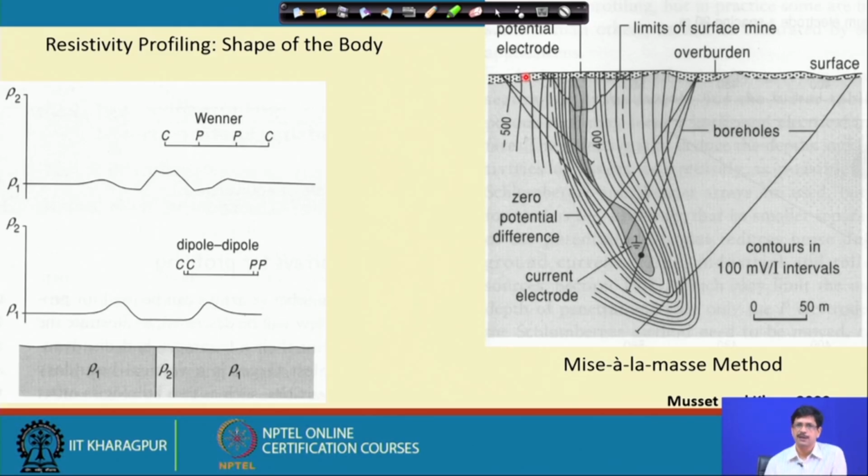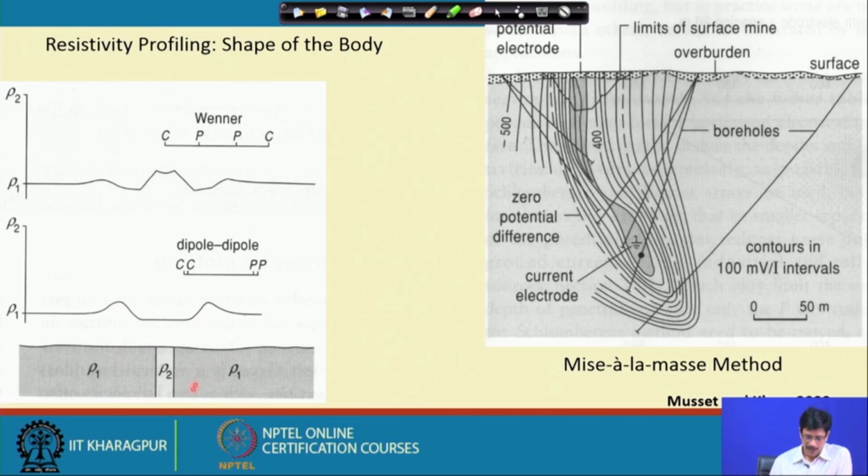But in most other cases, like in vein types of deposits or bodies which are oblique to the sedimentary strata, or later on tilted or deformed, they are present in a shape which is depicted by the situation here, where this is rho 1 and rho 1, and our body of interest is something like rho 2 over here. So, there it becomes more challenging, and it definitely requires a little more elaborate procedure to actually identify.